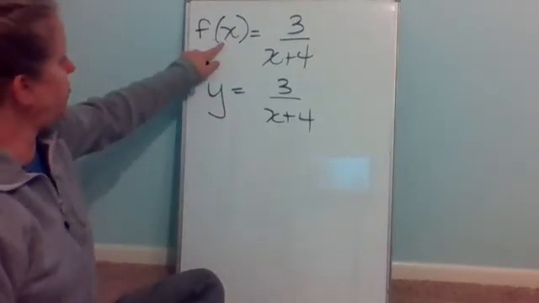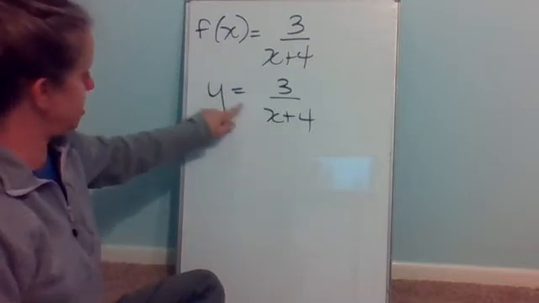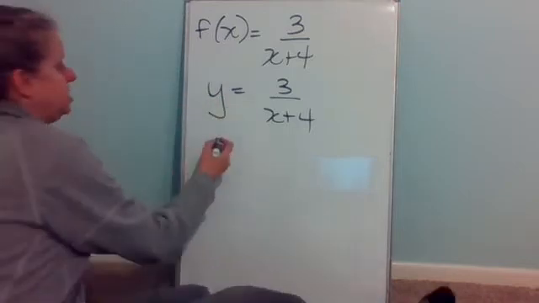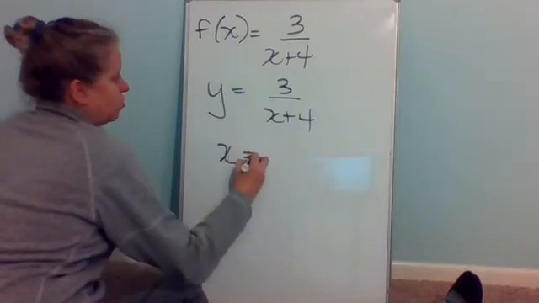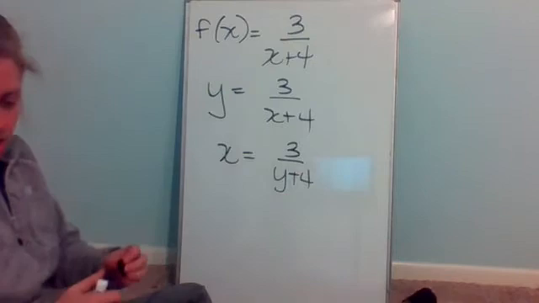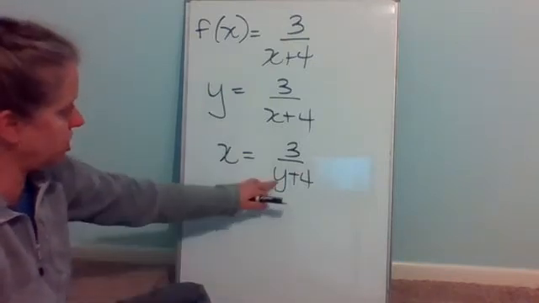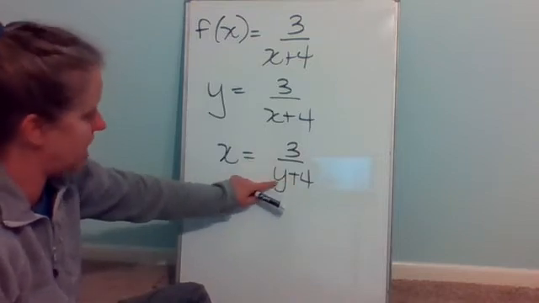Okay, so after you change the f of x to a y, then you're going to invert the x and the y. So now you're going to have x equals 3 over y plus 4, and then you're going to solve it for this new y. Now, unfortunately, the new y is in the denominator of a fraction.